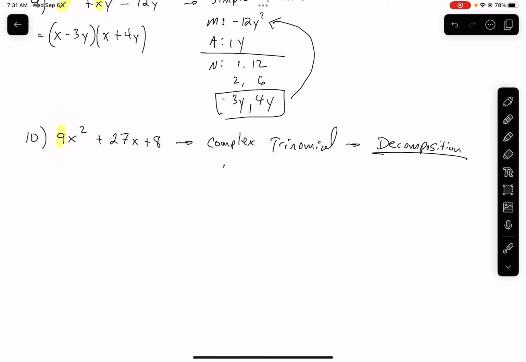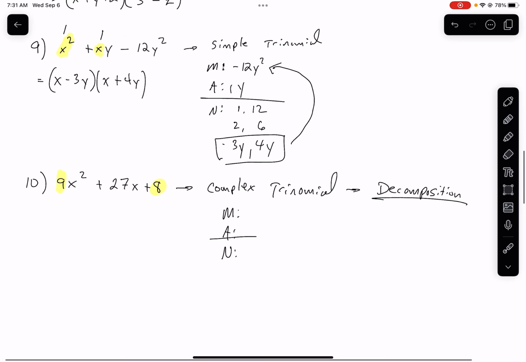So again, we're looking for conditions to satisfy our man method. Now the tweak here is when I'm checking the man, it's not just the last number anymore. It is, well, it's always, in fact, the a value times the c value.